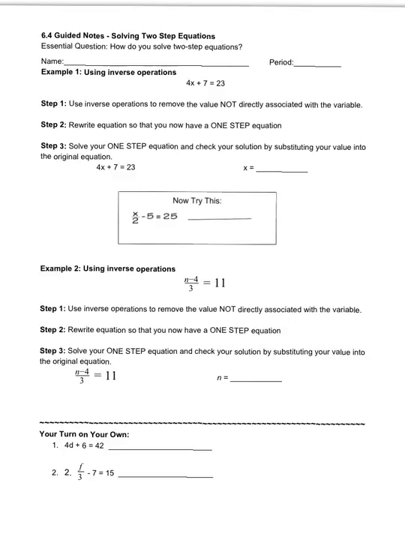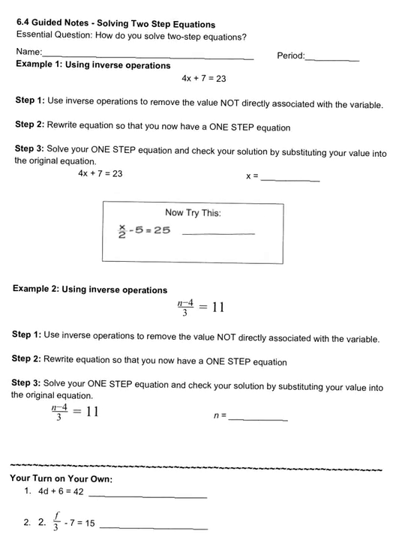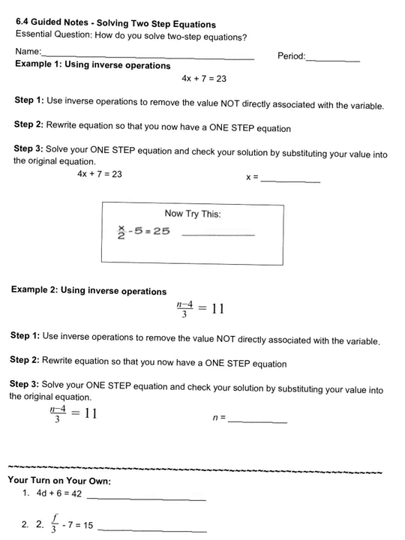We have 4x plus 7 equals 23. Now if we think about this, this is reading 4 times an unknown value plus 7 equals 23. So our first step is to use the inverse operation, but we are going to use the inverse operation of the number that is not directly associated with the variable.